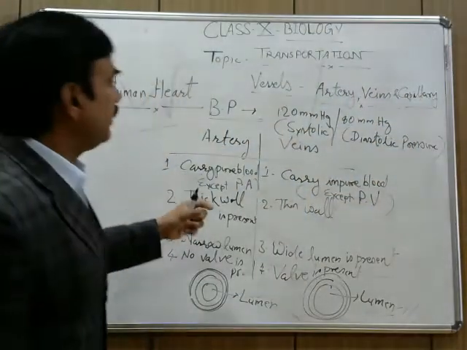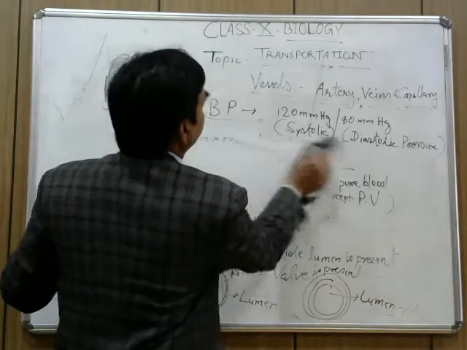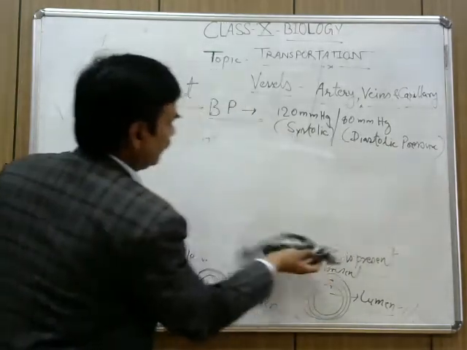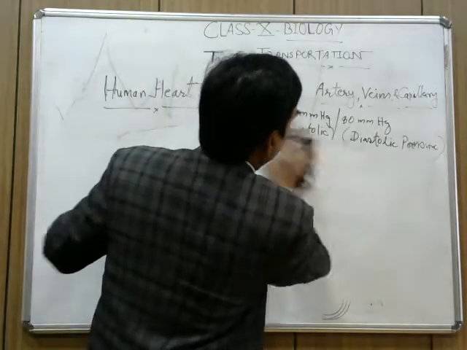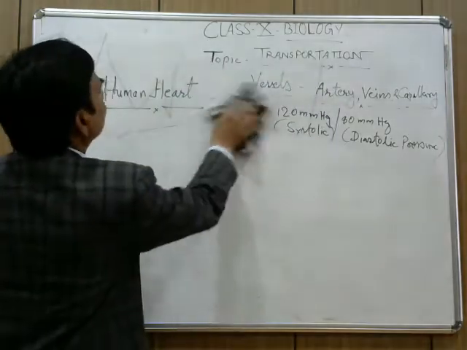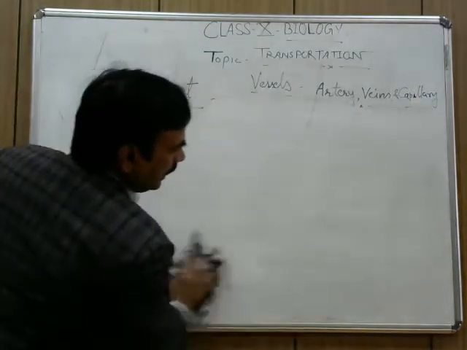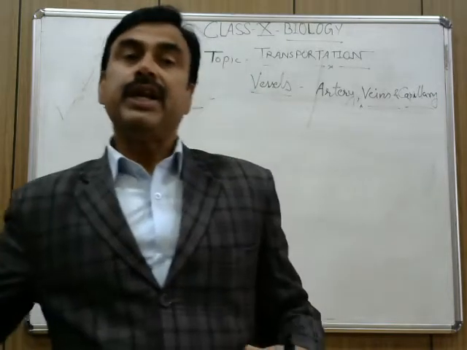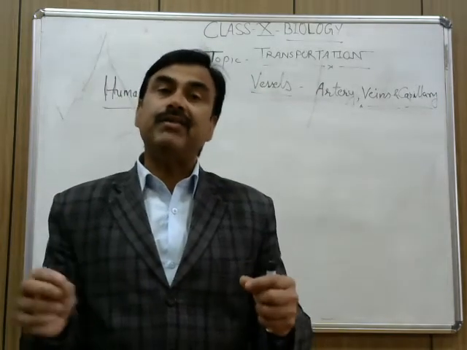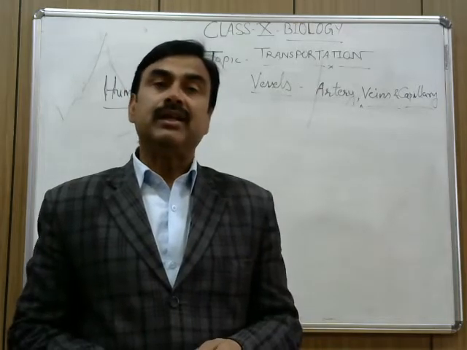After these artery and veins, one is capillaries. The capillary joins artery and veins. It is a thin vessel present between, which joins the artery and veins, right?